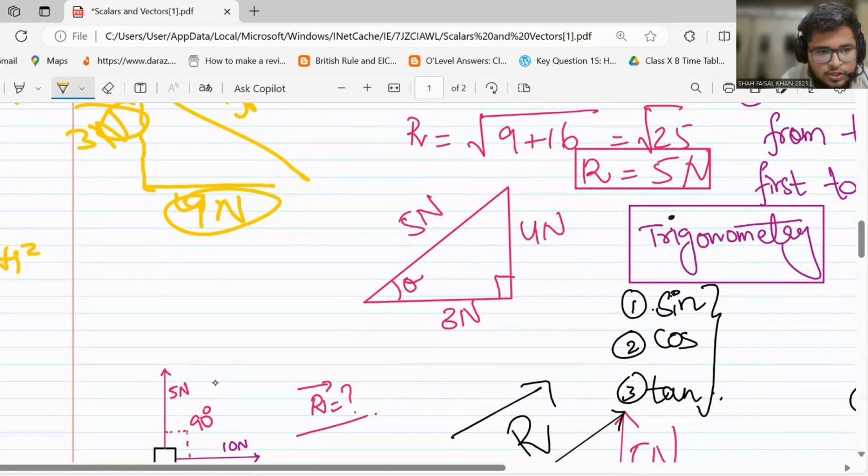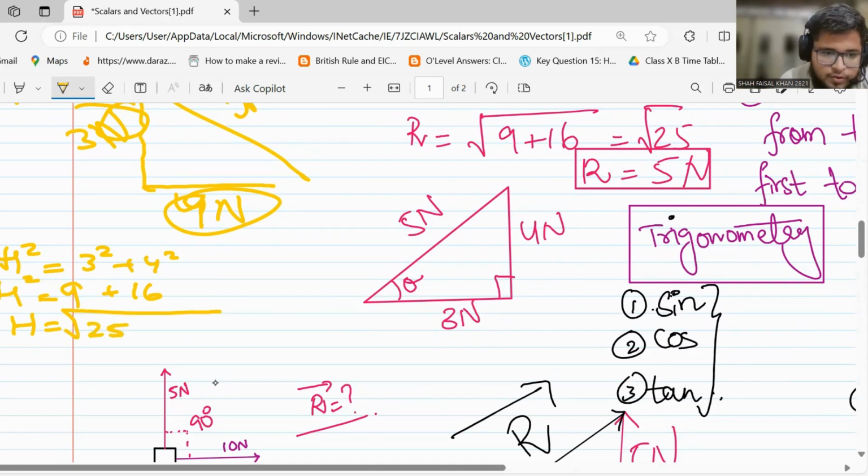So h square is equal to 3 square plus 4 square, which is 9 plus 16. Then we remove the square and it becomes under root 25, and the square root of 25 is 5 Newton.